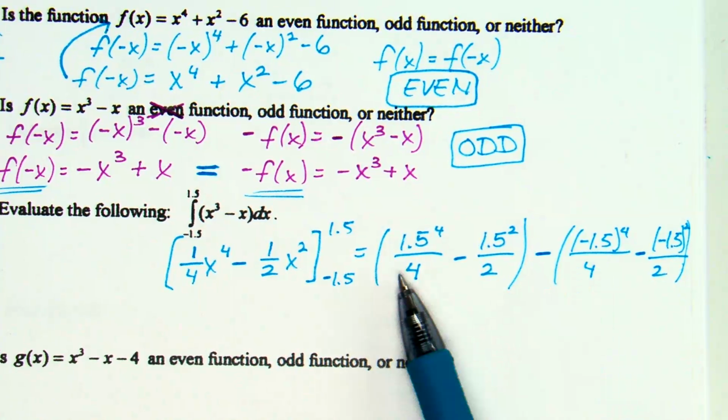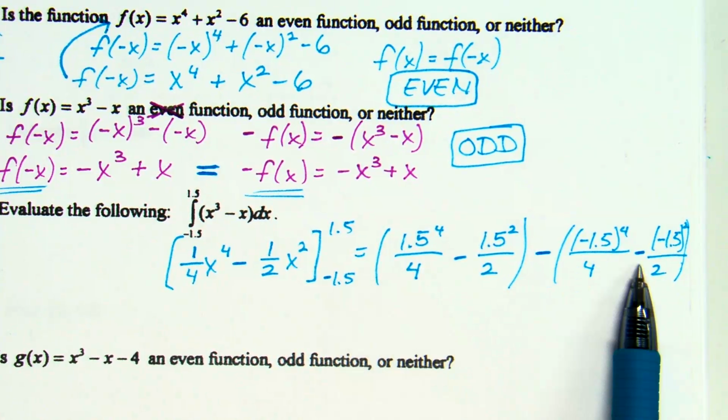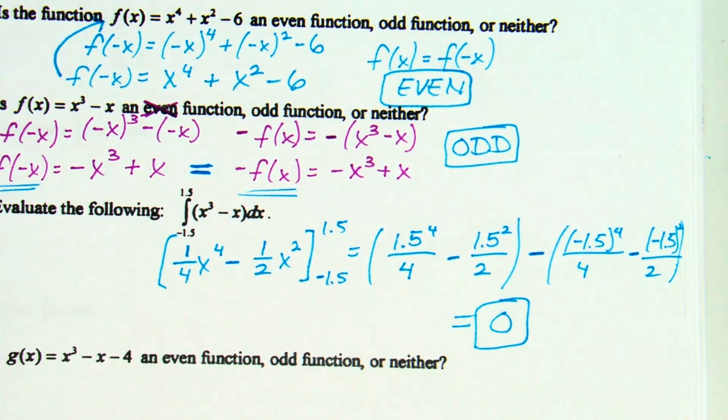Here we have a negative 1.5 squared over 2 minus negative 1.5 squared, but that negative, when we square it, becomes a positive. So you really have a negative plus this fraction. What's going to happen? So my answer is going to be 0. When we evaluate that integral, my answer is 0.